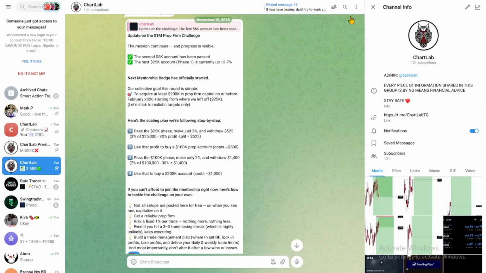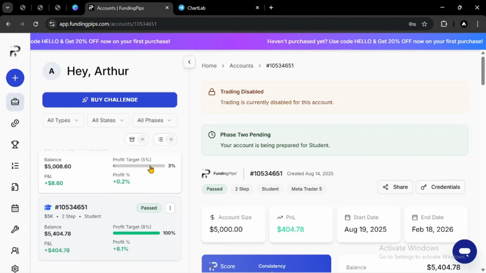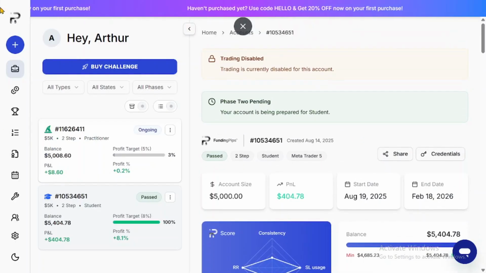So I just want to update you guys on this challenge. Now we have passed phase one. What we are going to do is try to pass phase two. After we pass phase two, then we are going to try to make 4% from this account. I've made the calculation, so we're going to try to make 4%. Then when we make the 4%, we use it to buy a 25k.